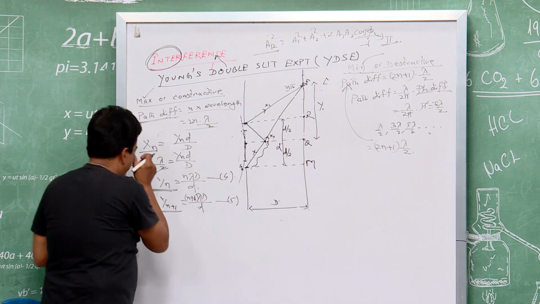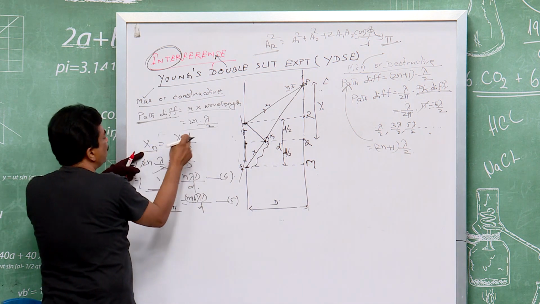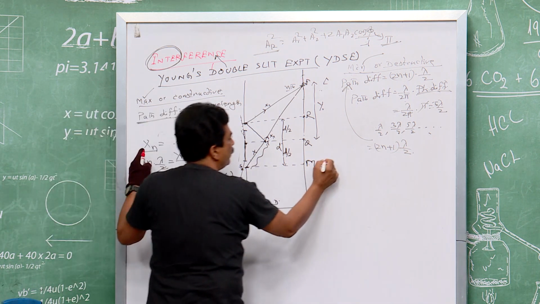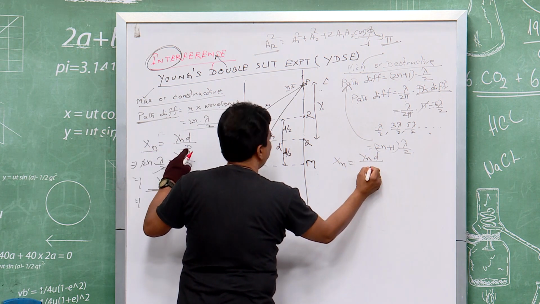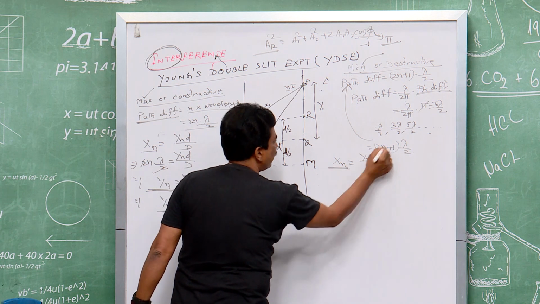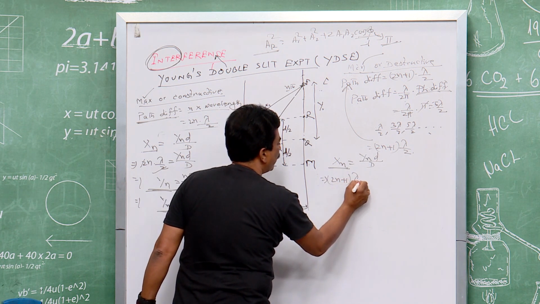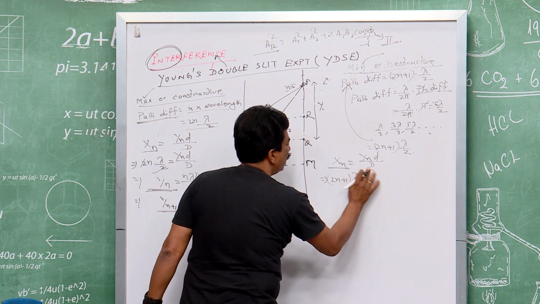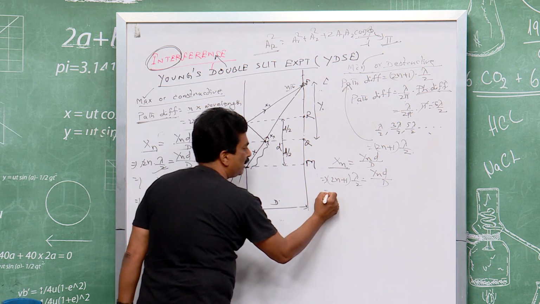So if the path difference is odd multiples of lambda by 2, then x n is equal to y n d by capital D. This x n is equal to (2n plus 1) into lambda by 2, equal to y n small d by capital D.